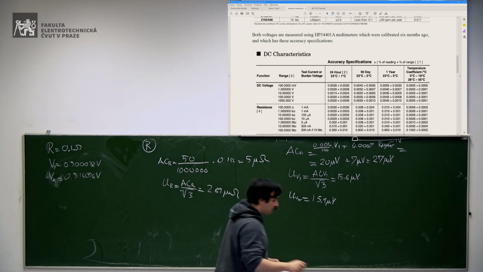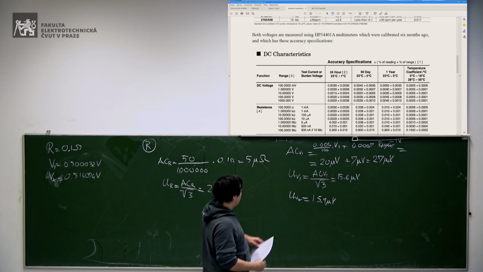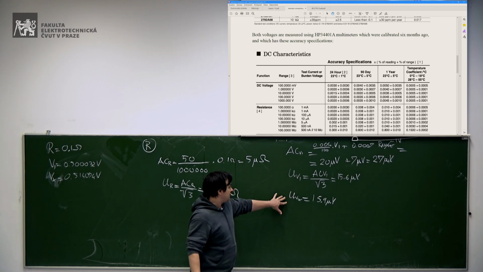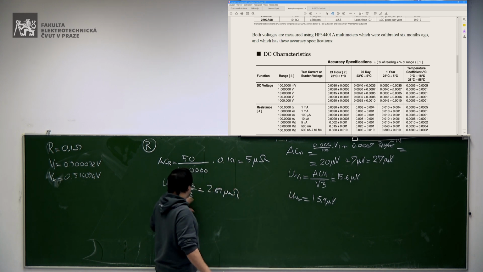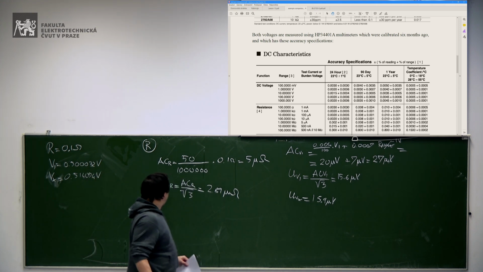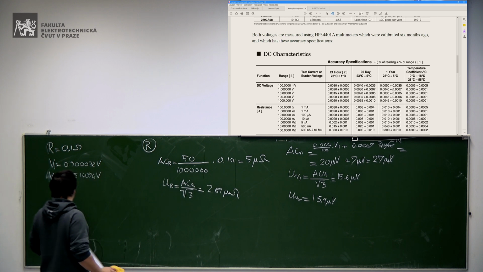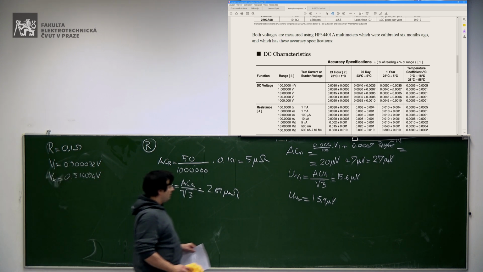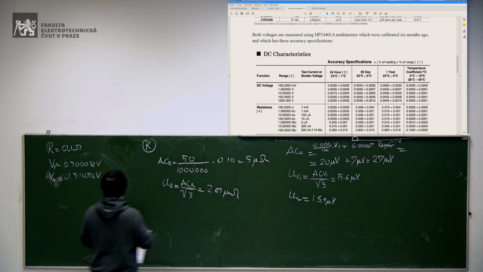Then you have these 3 sources of uncertainty: the uncertainty of the voltmeter V1, the uncertainty of the voltmeter Vx, and the uncertainty of the resistance, and you know how to calculate the derived uncertainty. So let me write these values here.